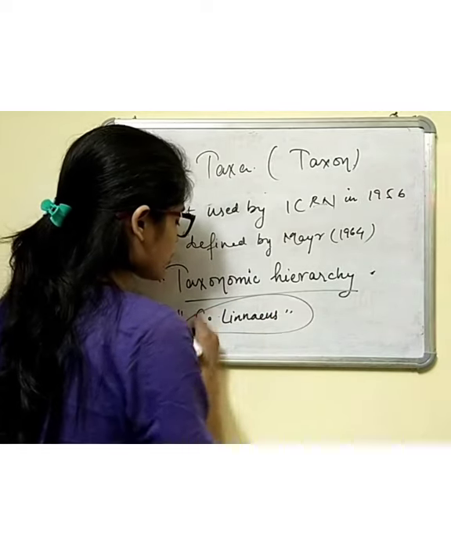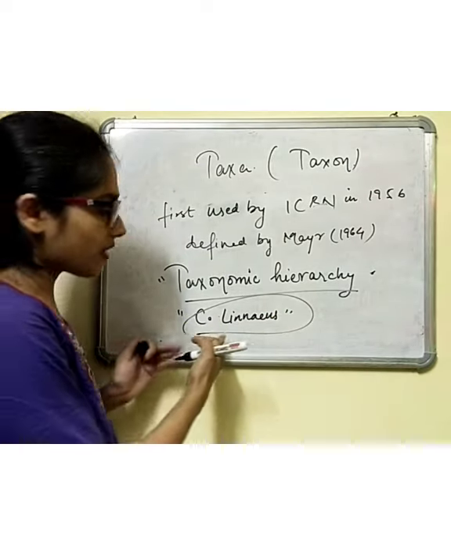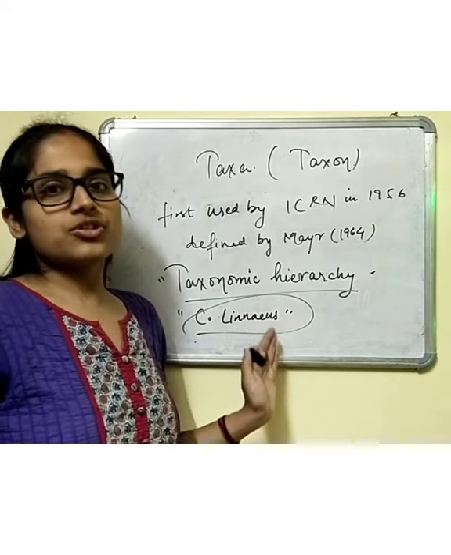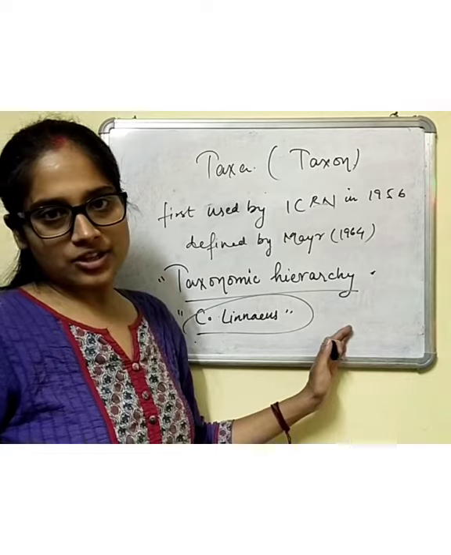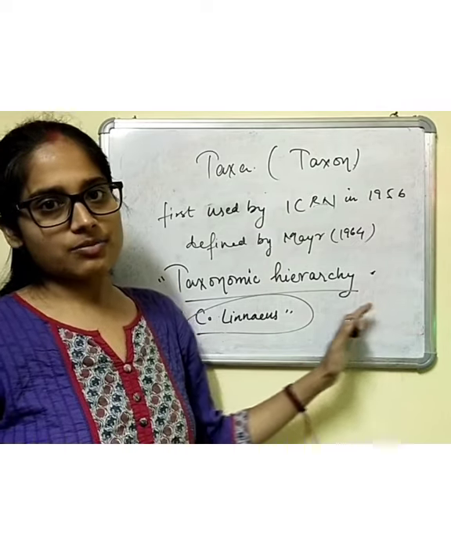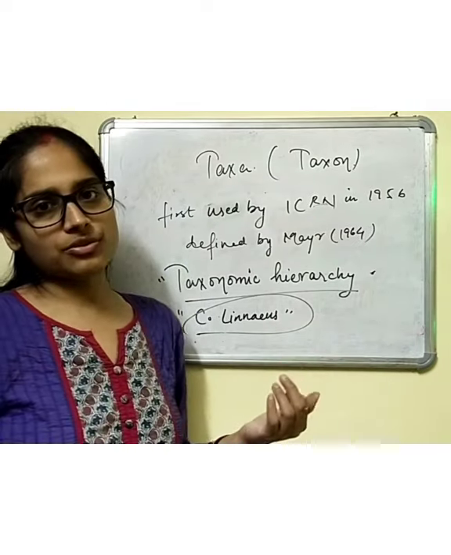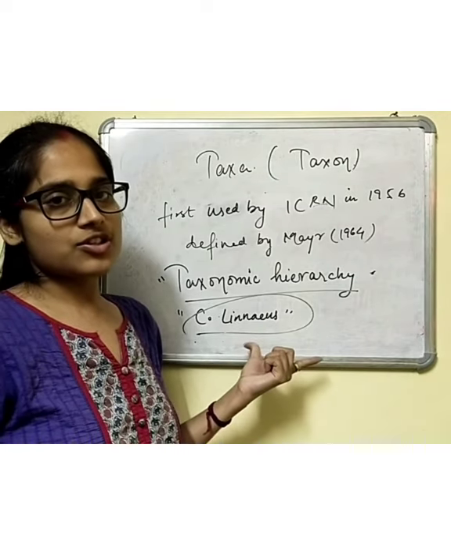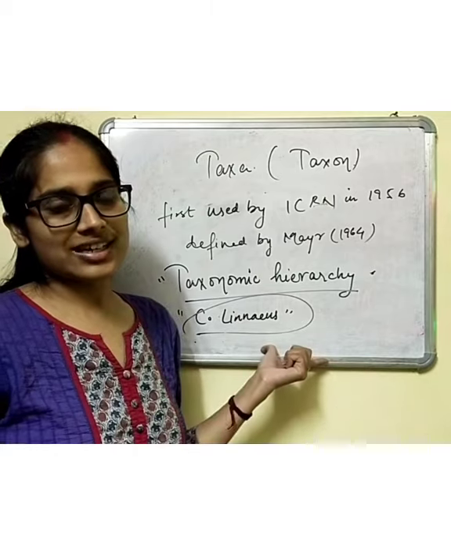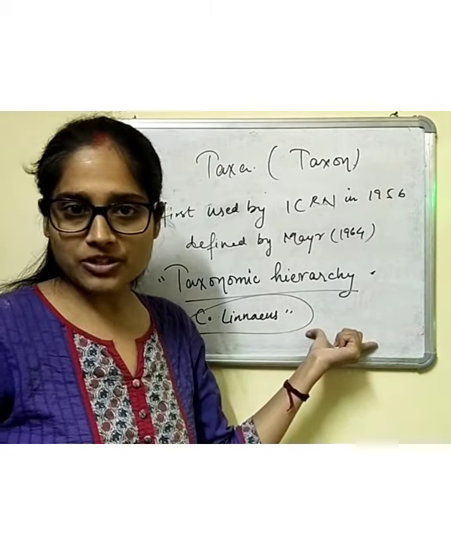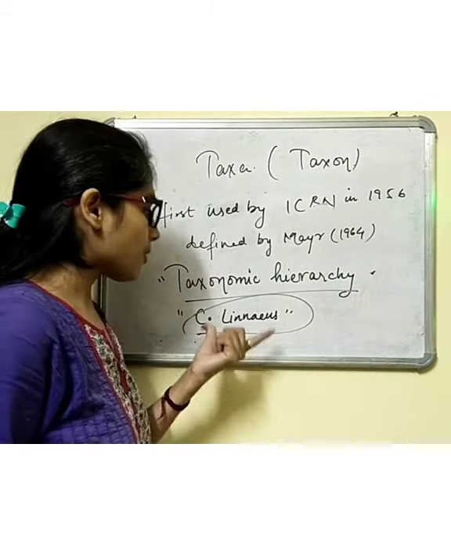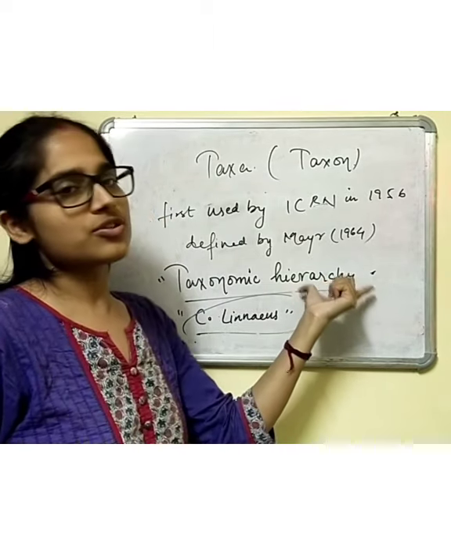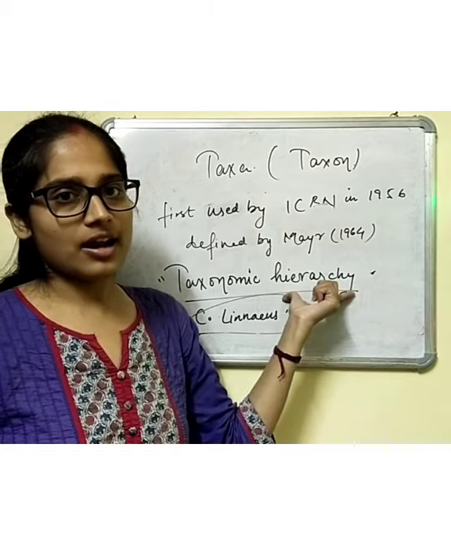He was also the one who proposed the binomial nomenclature for all living organisms, which includes two words, as we discussed in the previous lecture: the first indicates the genus and the second indicates the species.